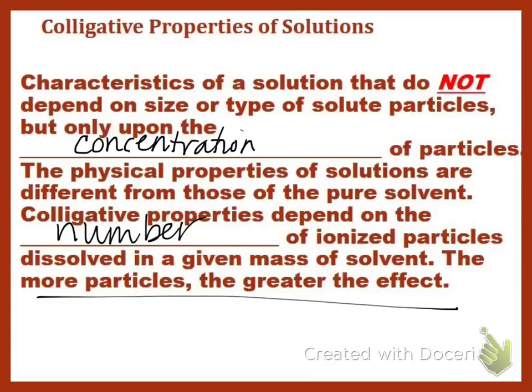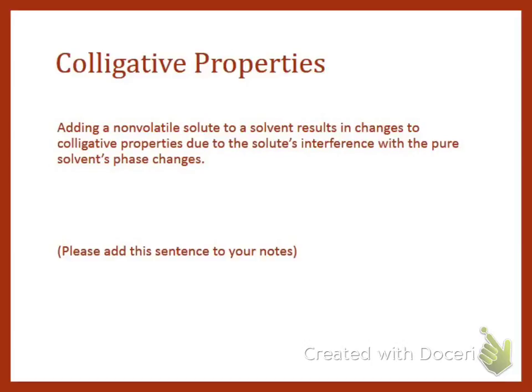Okay, so there are three types of colligative properties that we're going to look at. This sentence got left out of your notes. I need to put some major stickies on the notes for next year. Part of the problem is I copied the wrong notes for you guys, and I apologize for that.